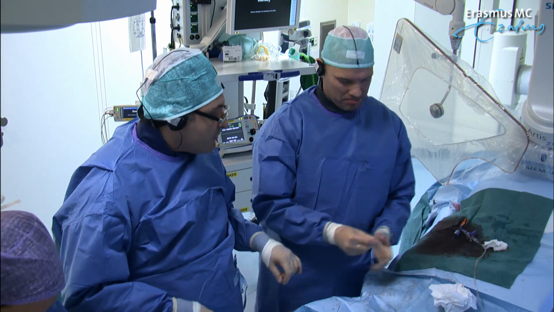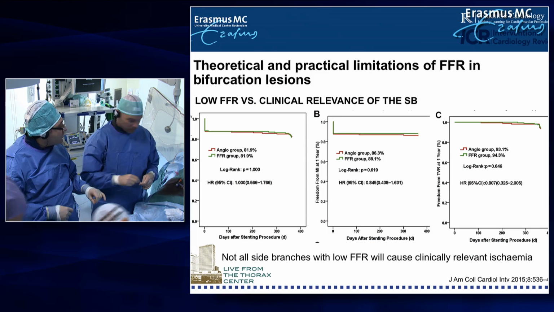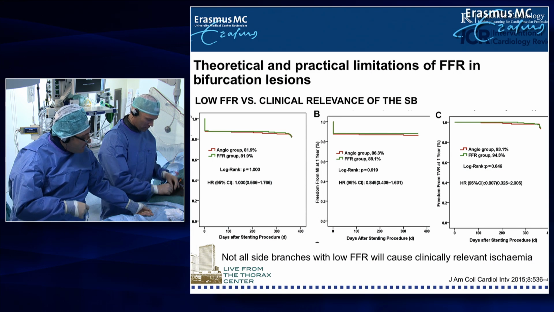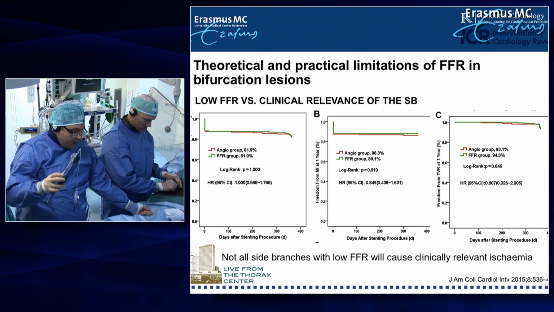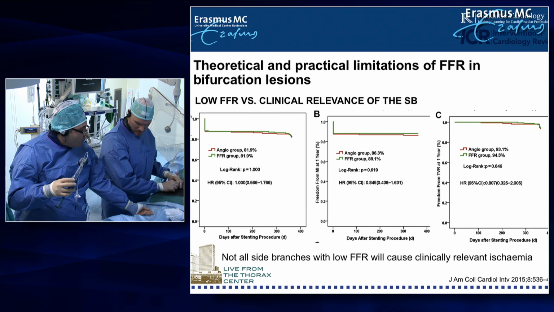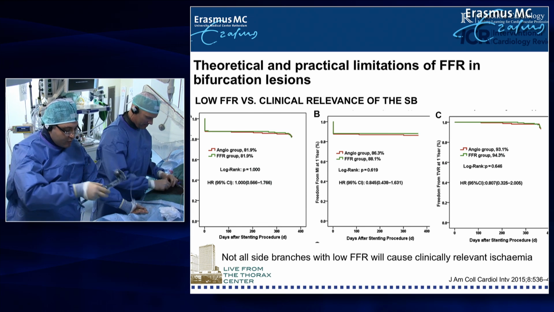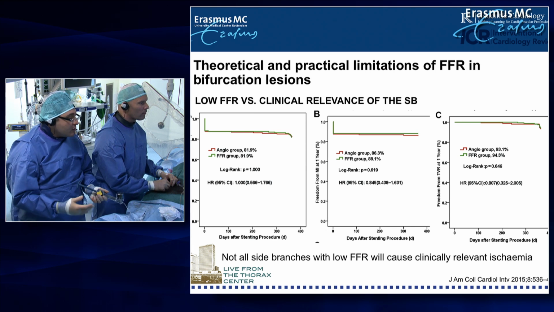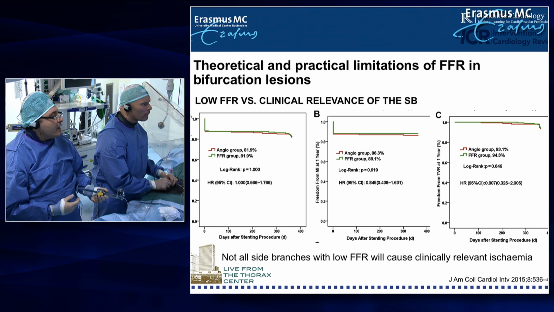And actually, we have some data on this. There was a study that investigated this kind of issue, and it was quite surprising to me, because what we saw in a cohort of 200 patients randomized to FFR-guided PCI versus angio-guided PCI of bifurcation lesions is that in the long term we did not have a real big difference in terms of clinical outcomes.